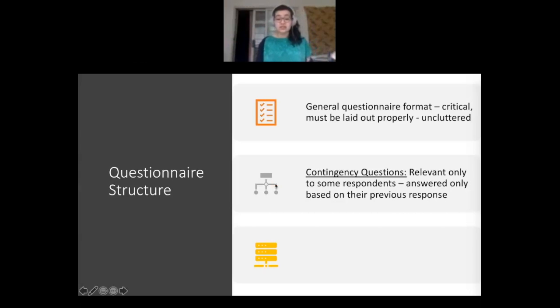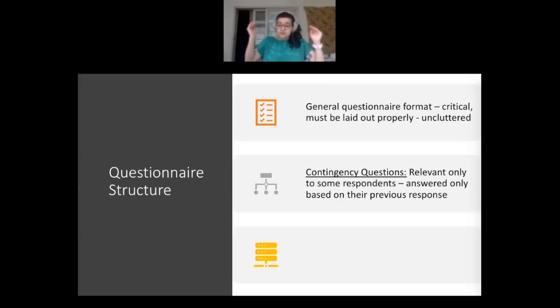And then this should say matrix questions. I'll fix that. This is when you ask several questions that have the same set of answer categories. So Likert scales, like we talked about, from very much disagree to very much agree. And this has some advantages.